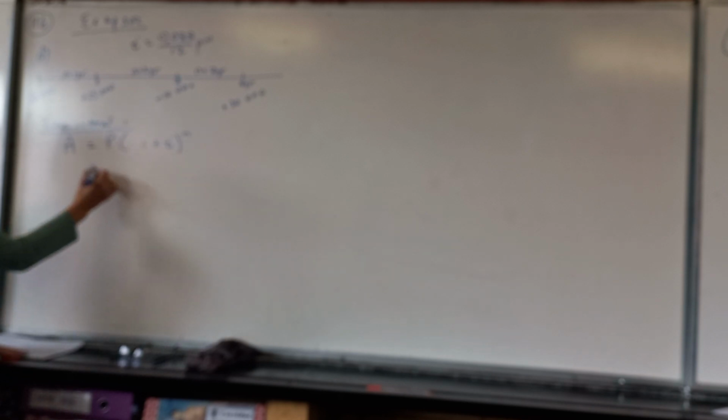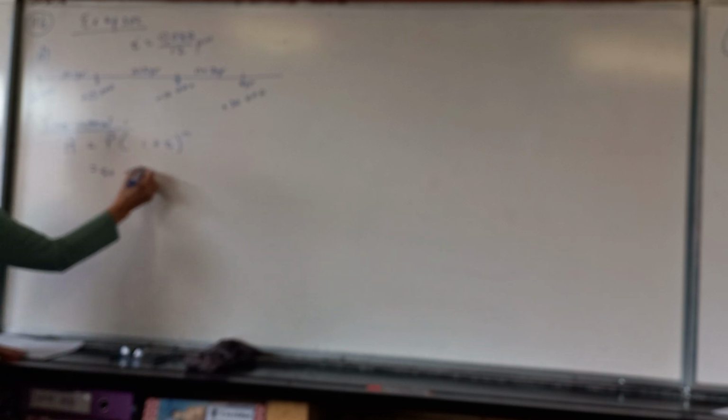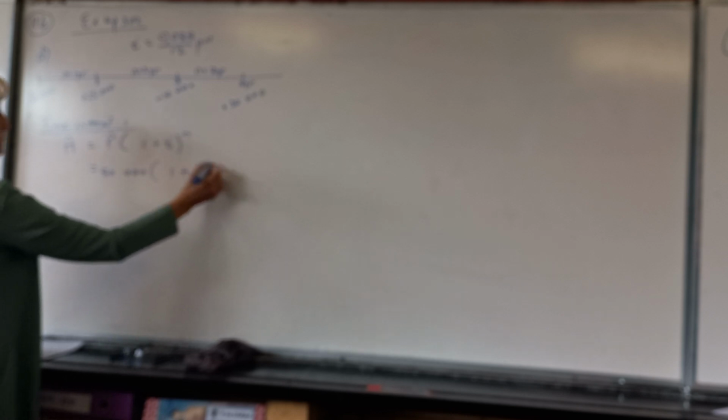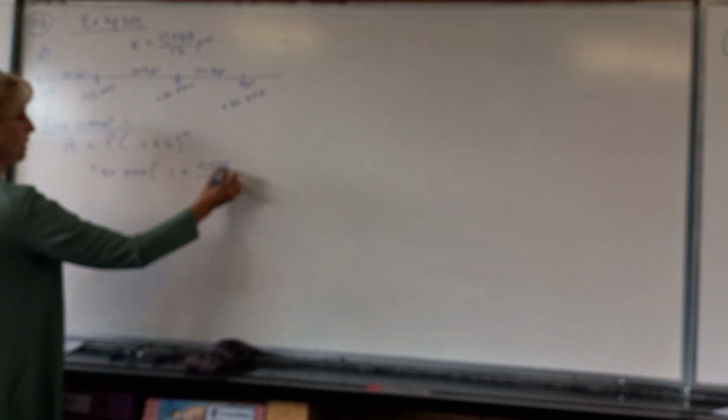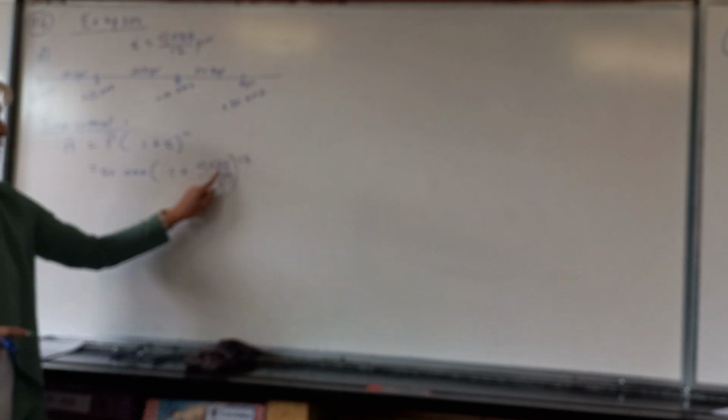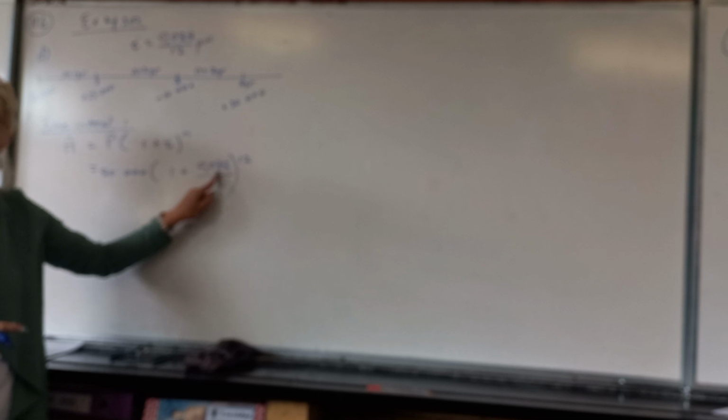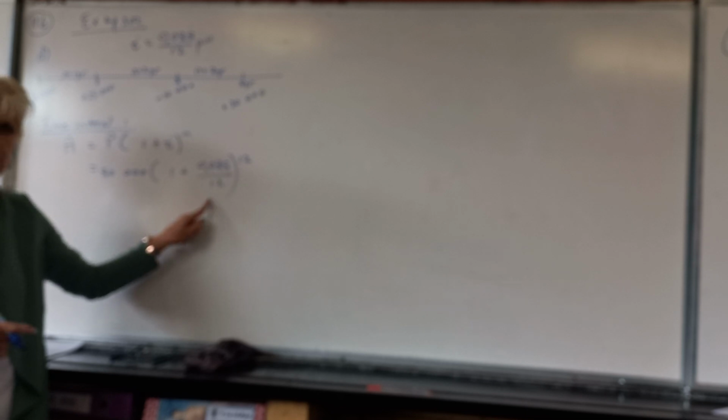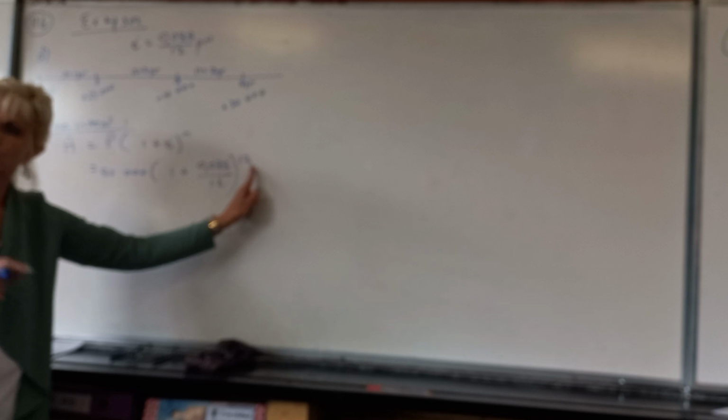So you're starting off with 50,000, your interest rate, and our N is 12. Read this for me. The interest rate is 3.5% per month for 12 months.